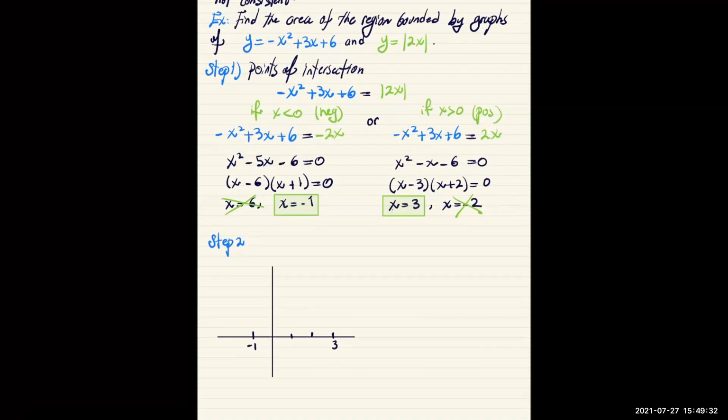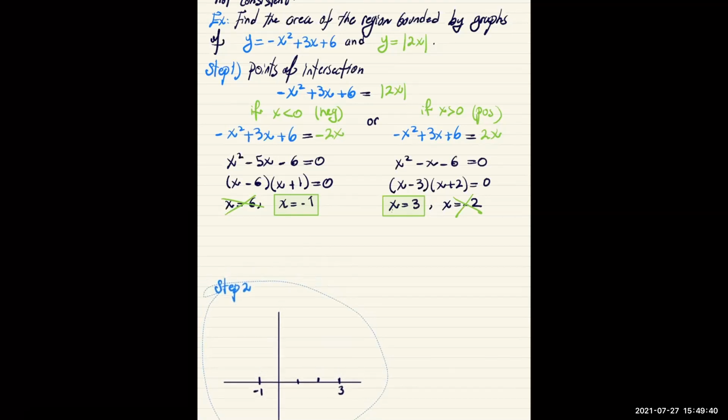It's going through the points of, oh, by the way, let's get their y values. I didn't get those. So points of intersection, x equal to -1. Now to get the y values, I can take -1, plug it into either this blue function or the green function.